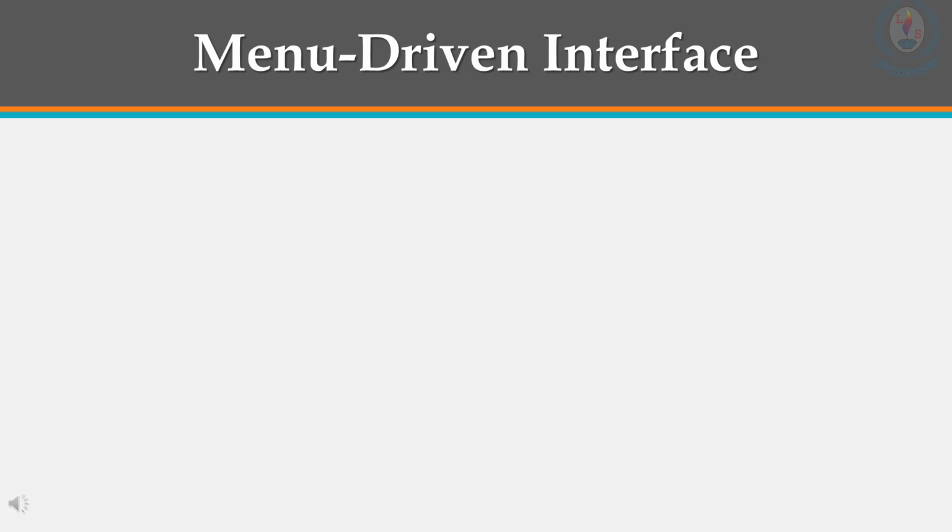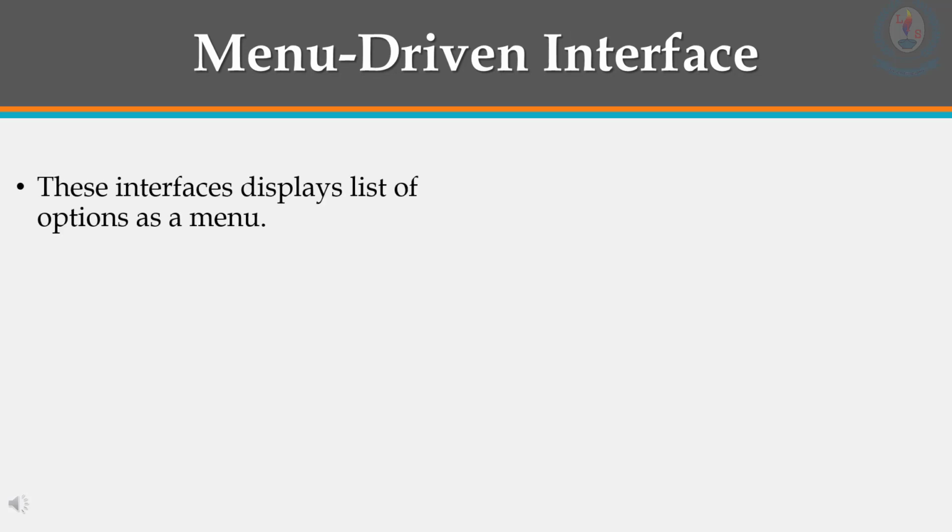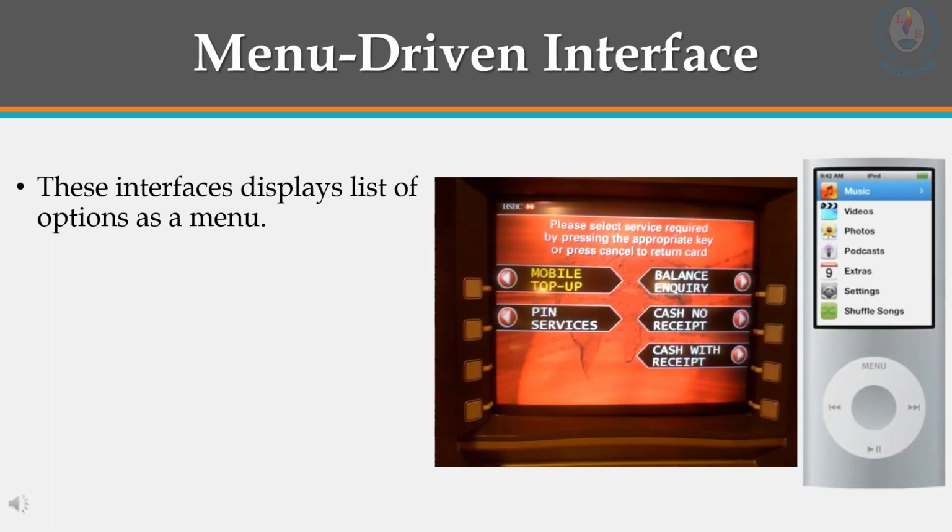Our next interface type is the menu-driven interface. This type of interface displays a list of options as a menu. Selecting one of these options will either trigger a command or display another menu with further options to choose from.